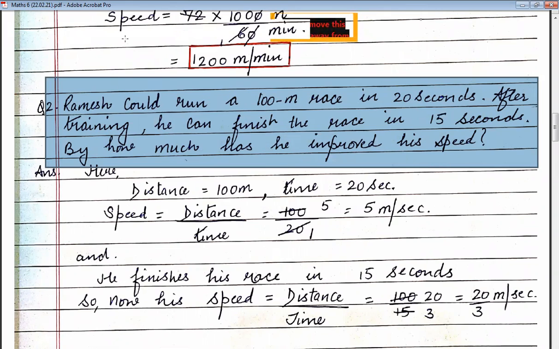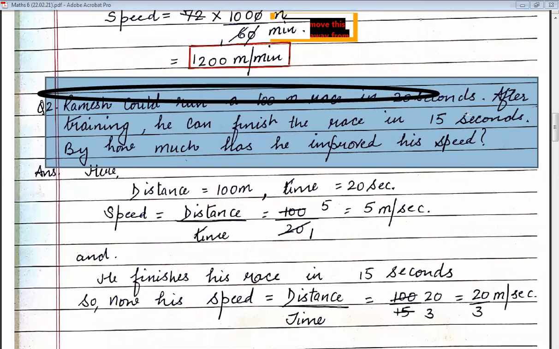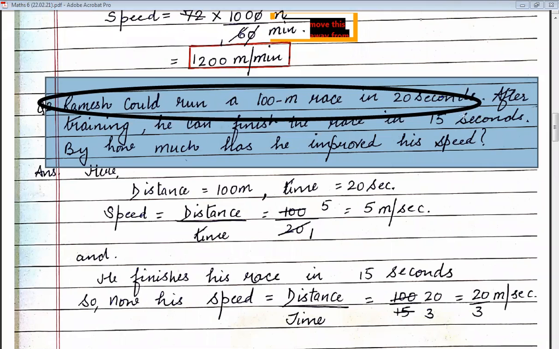So now children, let us concentrate on our very first statement, that is Ramesh could run a 100-meter race in 20 seconds. Can you figure out what is given to us? 100 meter means distance. What is your 100 meter?